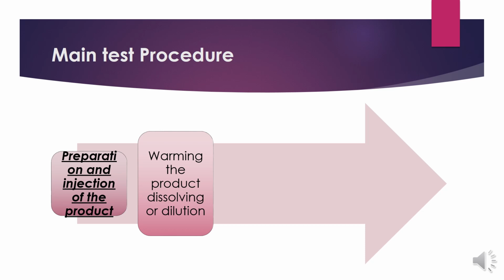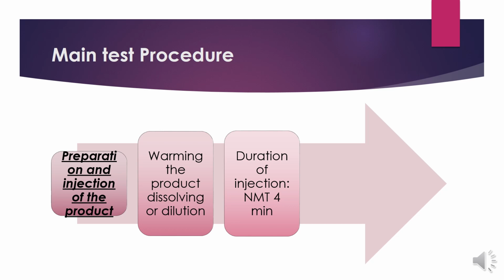After preparation, the sample is injected in a slow manner, but the duration of injection is not more than 4 minutes. So you have to take care that your product is injected into the rabbit in a duration that does not exceed 4 minutes.